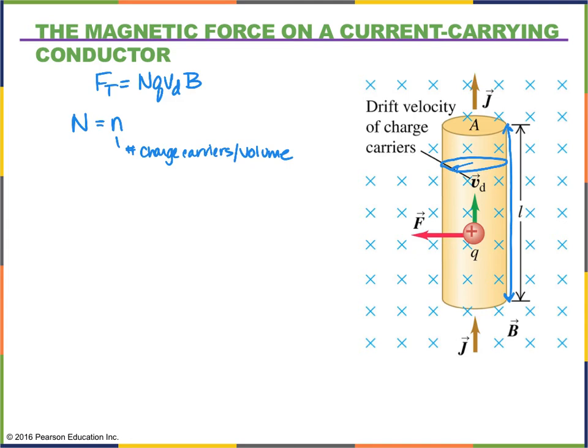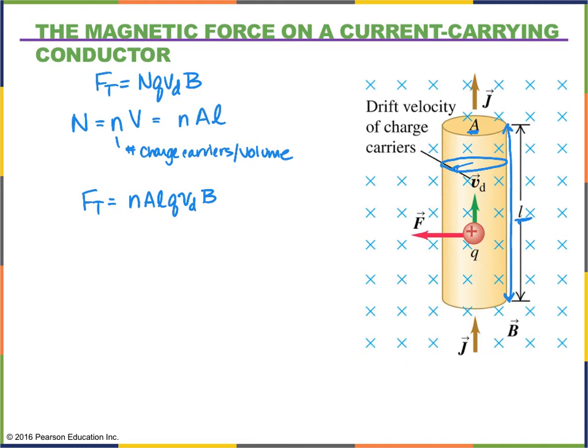And so if we multiply this by the volume of the wire, this will give us N. Well, the volume of the wire is the cross-sectional area times the length of the wire. So F total can be written as little n, A, L, Q, V_D, B.